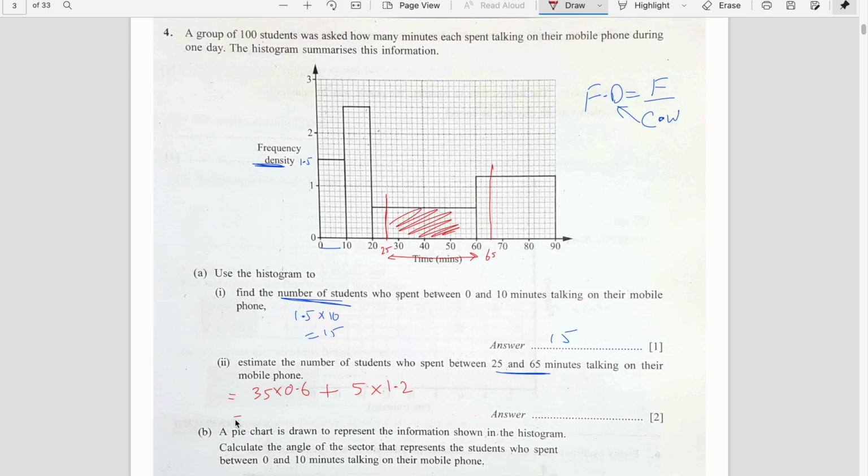Any objection? So 35 into 0.6 is 21. And 5 into 1.2 is 6. So we have 27 students who spend between 25 to 65 minutes.